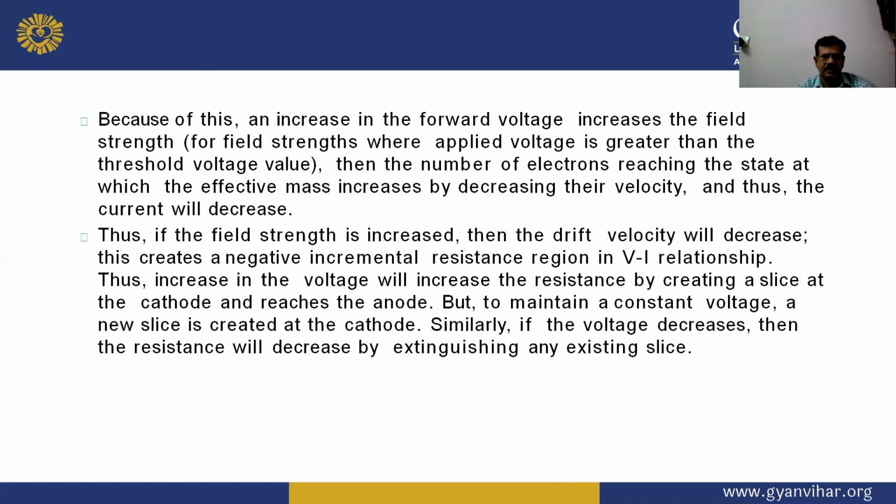Thus, if the field strength is increased, the drift velocity will decrease, or the flow of charge carriers decreases. This creates a negative incremental resistance region in the V-I characteristics. Thus, an increase in the voltage will increase the resistance by creating a slice at the cathode that reaches the anode.